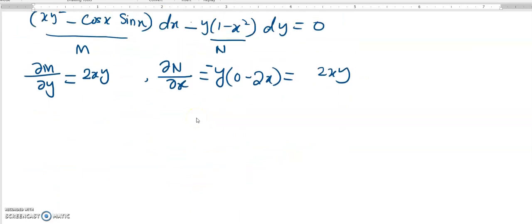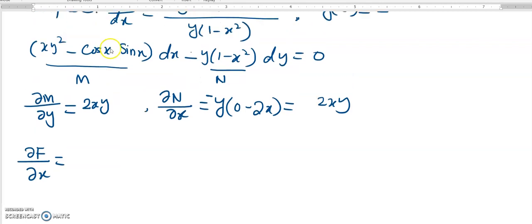So now we know that the equation is exact, so we can follow the standard procedure. We will assume a solution function f, whose x derivative will be this function M. So function M is x y square minus cosine x sine x. If we want to integrate it with respect to x, we can do that.